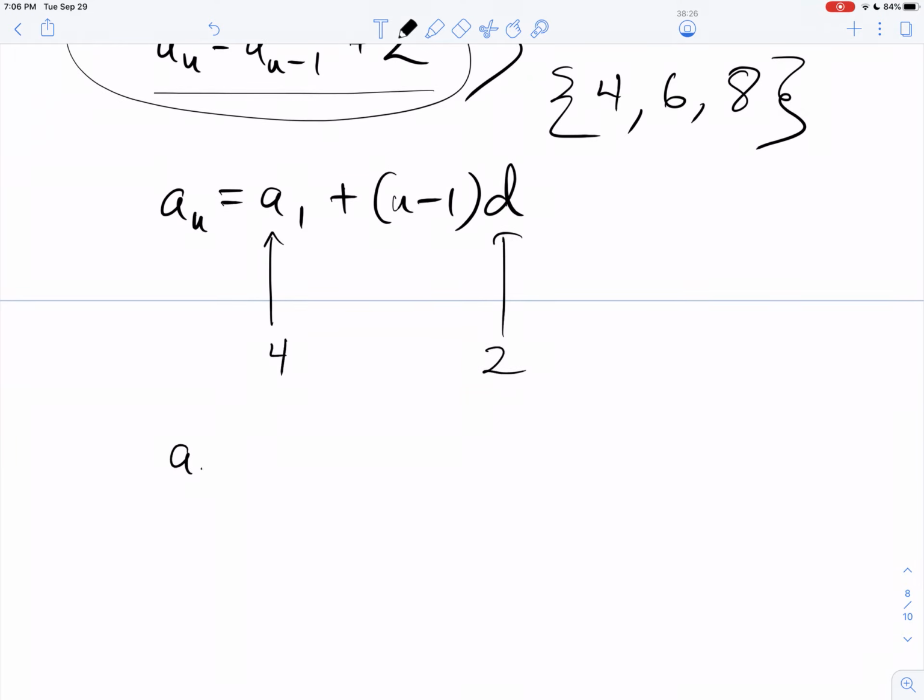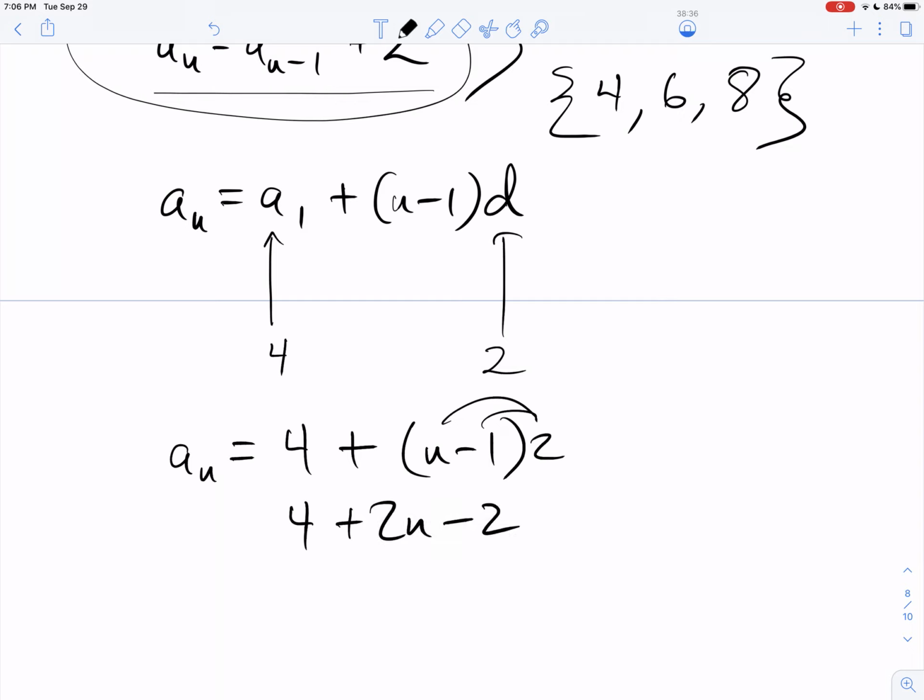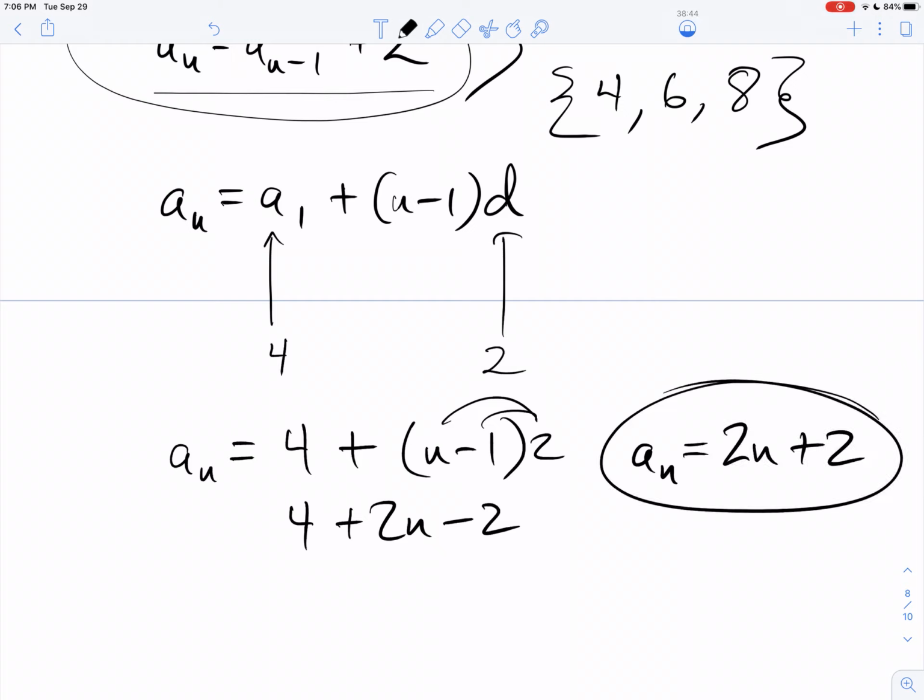All right, so A sub n equals 4 plus n minus 1 times 2, and then I work it out, and I go 4 plus 2n minus 2. Crunch the numbers together, because if you don't, I will mark you wrong, because I talk about polite mathematics, and that is a polite rule.